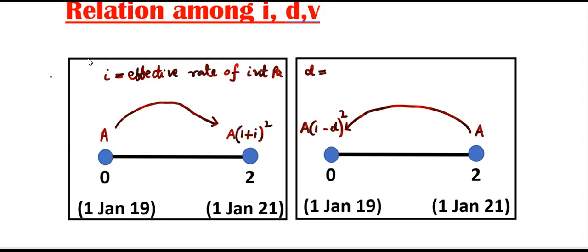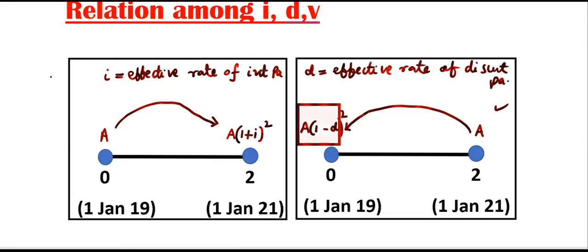And d is the effective rate of discount per annum. The difference is you are finding the accumulated value here and you are finding the present value here. If you have any doubt about d, you can go to my previous videos.